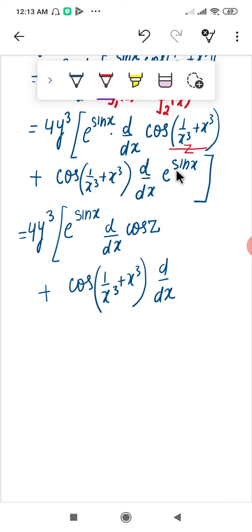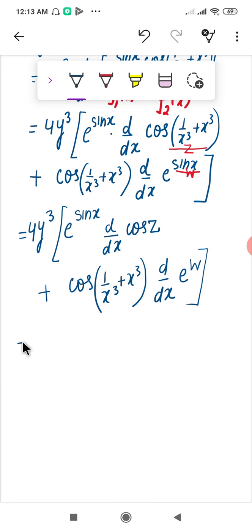Place in place of sin x any other variable, say w. So our expression will take the form e to the power w.